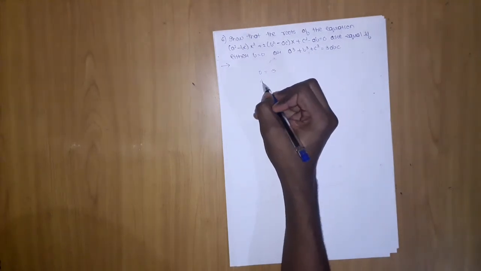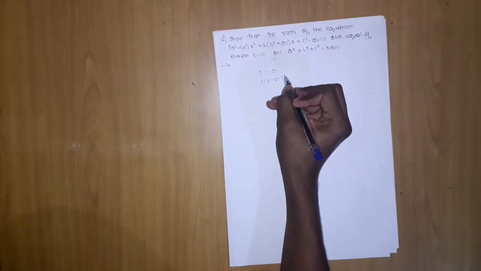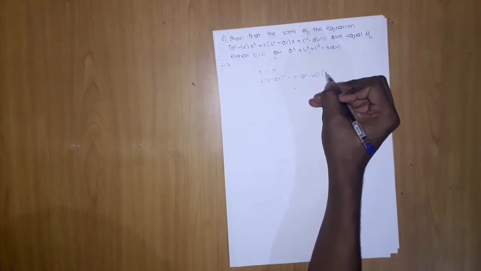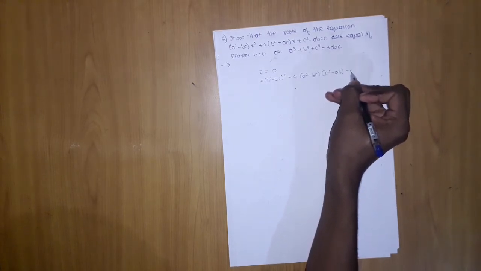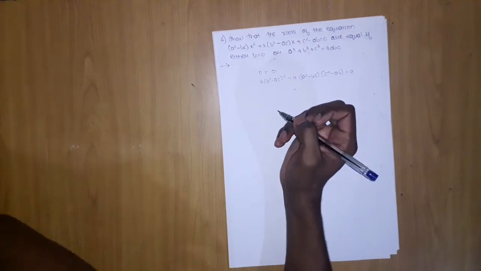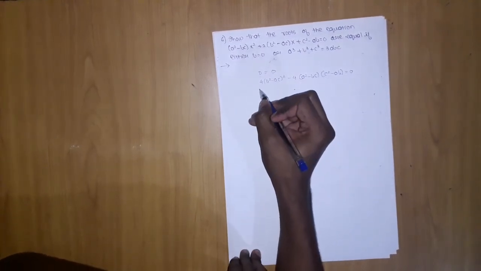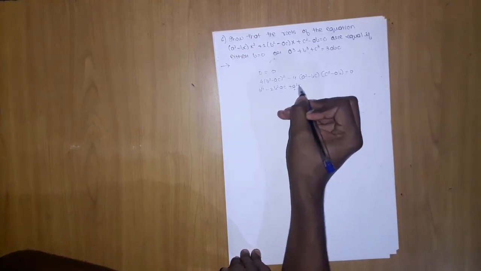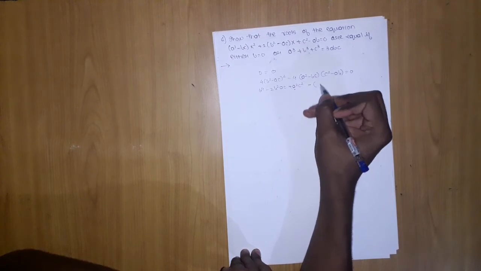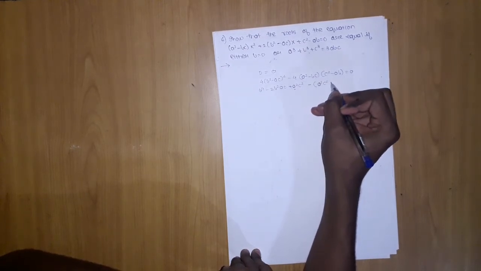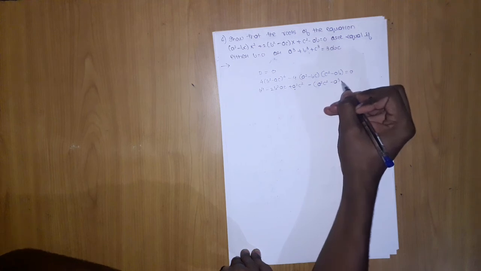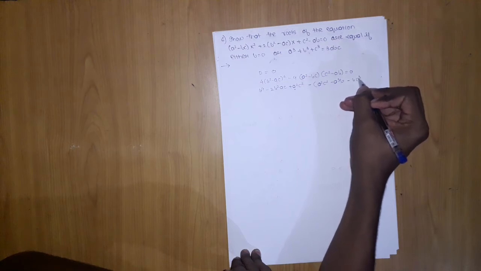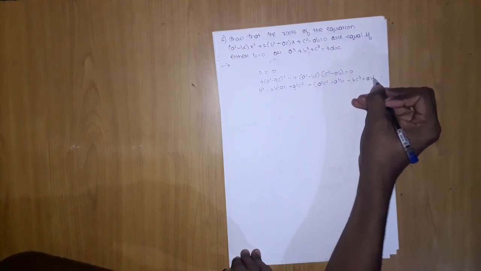So what we are getting is 4 into b square minus ac the whole square minus 4 into a square minus bc into c square minus ab should be equal to 0. Now this 4 will cancel out, and I am getting b raised to 4 minus 2b square ac plus a square c square minus, now if I multiply this, a square c square minus a cube b, and moving further, we will get b c cube plus a b square c.